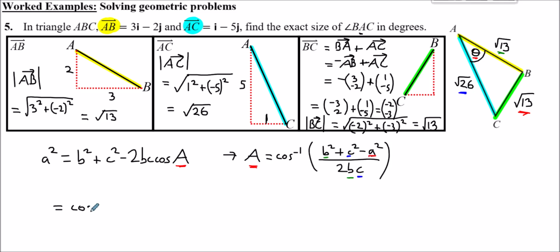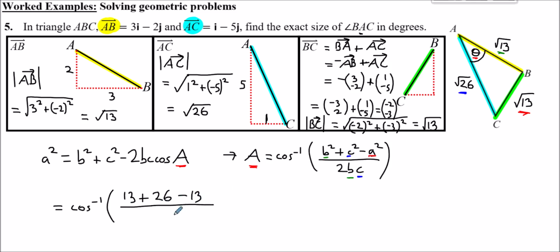Now, in fairness, you could just bash it into your calculator, you're absolutely fine. I'm going to show you that this is actually an exact trig ratio. So cos minus 1, b squared, well, b is root 13, so root 13 times root 13 is just 13. c squared, c is root 26, root 26 multiplied by itself is 26. We're going to minus off a squared, so minus root 13 squared, that just becomes 13.